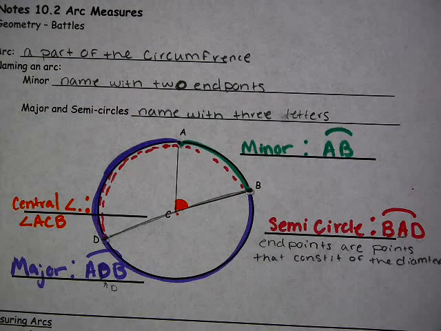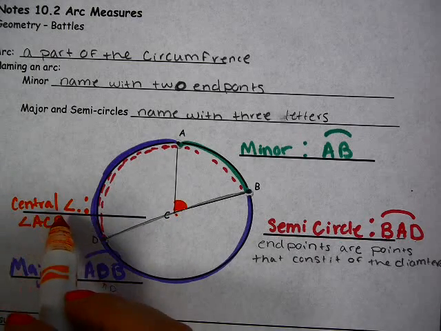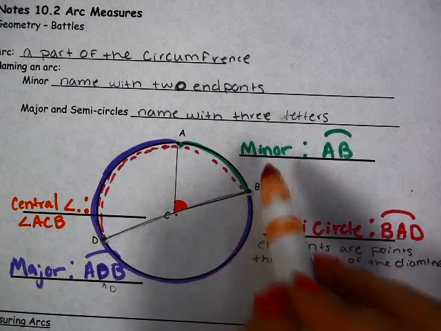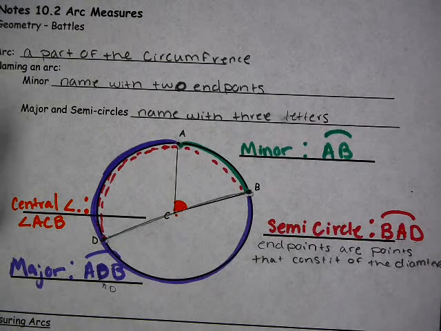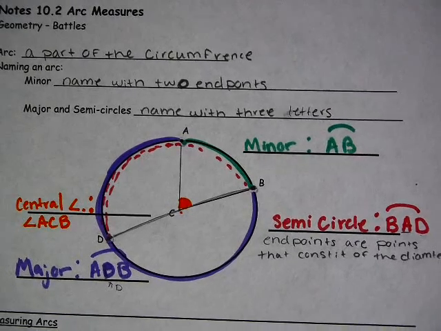And what we're going to find out is that the measure of our central angle is the same as the measure of the arc of our minor. Okay, so I'm going to move this up.